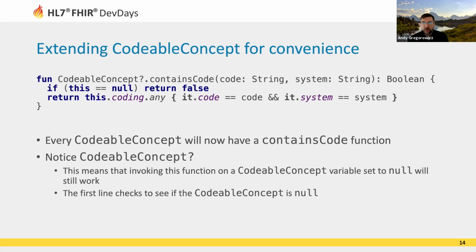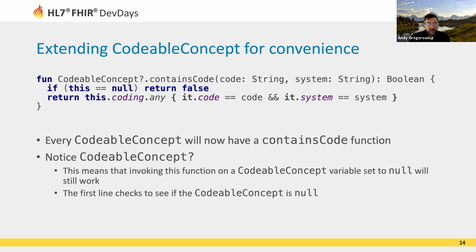What's nice is once I define this function in my project, I can import it into the Kotlin code that I am working with. Now all codable concepts that exist when I'm parsing something and working with HAPI objects will have this contains code function. Again, I didn't have to wrap them in any sort of weird facade or anything like that. I just need to import this function into my file.